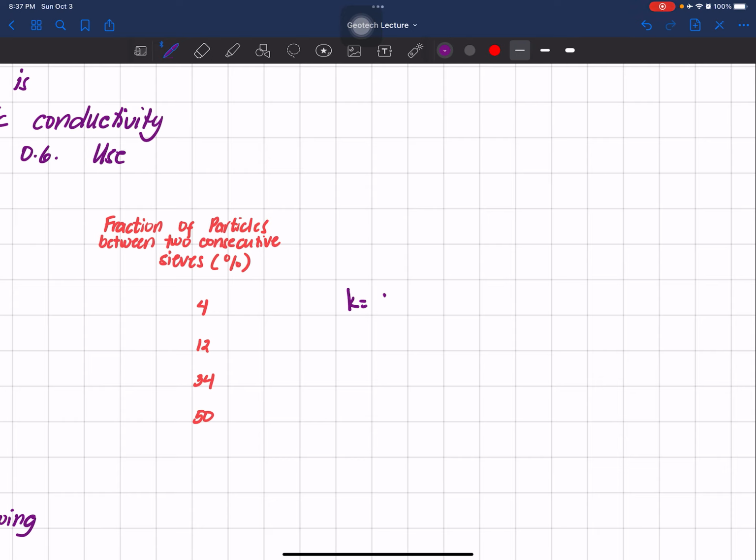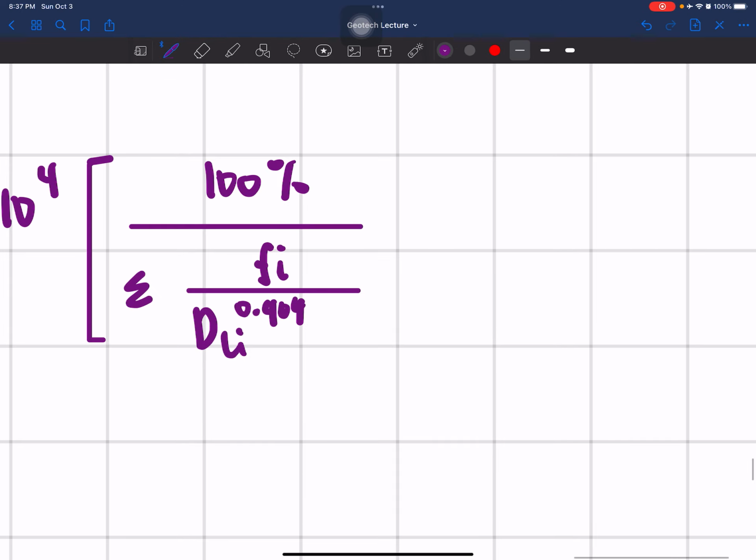K is equal to 1.99 times 10 to the 4th, multiplied by, the formula is quite long, 100% all over the summation of Fi all over DLi raised to 0.404 times DSi raised to 0.595.